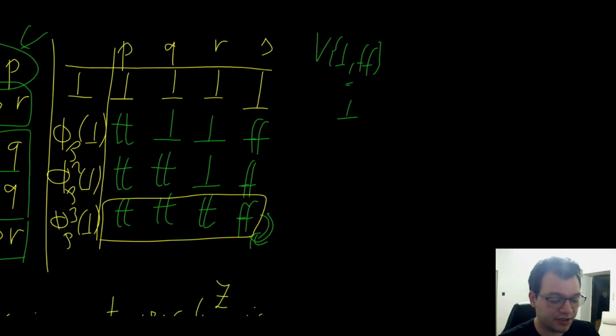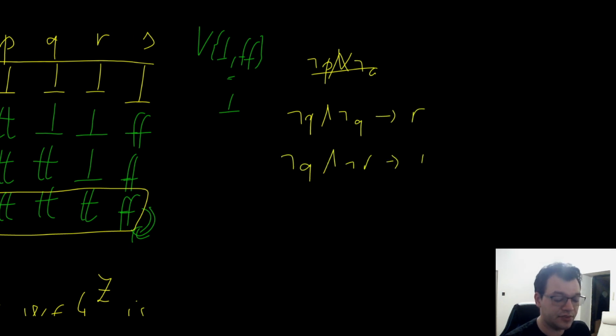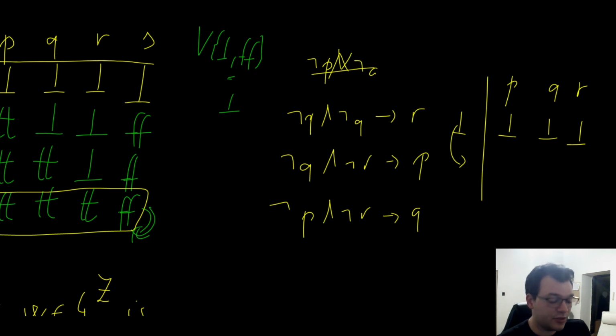We can check another example: not P and not Q entailing R, not Q and not R entailing P, and not P and not R entailing Q. If you do the very same thing, P, Q and R start from the unknown values, and then you make the iteration for one step, what will you get?